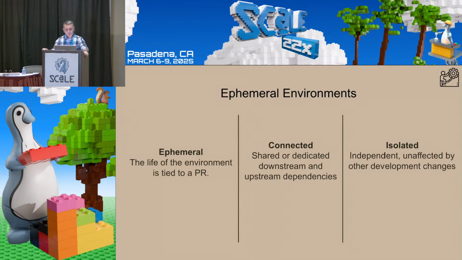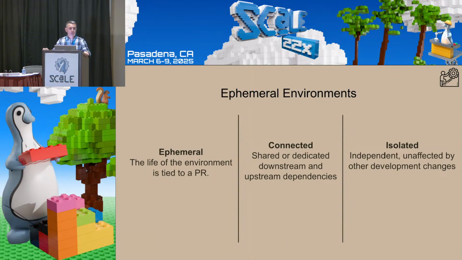So before we get into the ephemeral environments, let's set the standard, like what we mean when we say ephemeral environments, specifically in this talk's context. Essentially what we mean is that the lifespan of this environment is short, most times tied to a pull request. So as long as your pull request is live, that environment lives. When you merge your changes or you close the branch, that environment gets cleaned up and the resources freed up. And we also mean these environments to be connected.